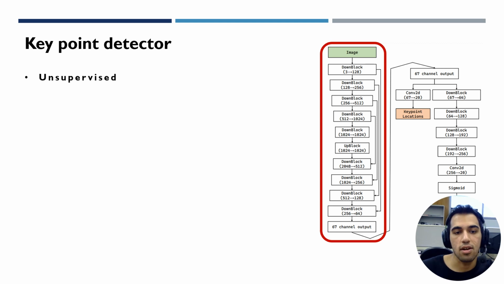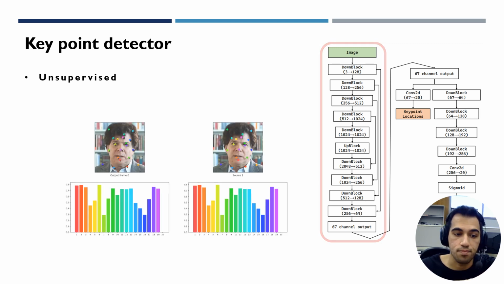However, in this case, they get a 67 channel output, and they use those 67 channels to get other information. One of them is a representation of the strength of those key points, which is technically a scalar, and another part is the key point itself, which is represented as a matrix, not a 2D representation of X and Y. It's a grid that shows the power and magnitude for each key point.